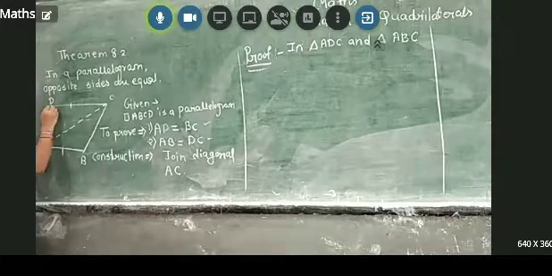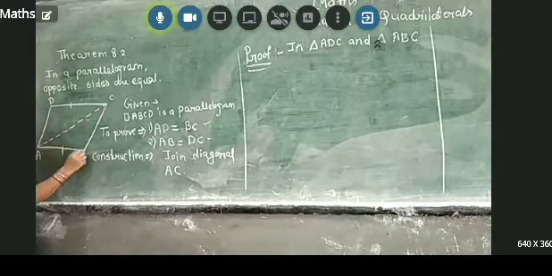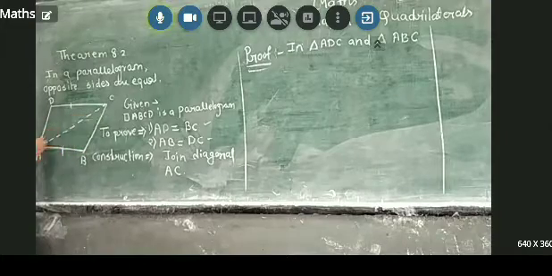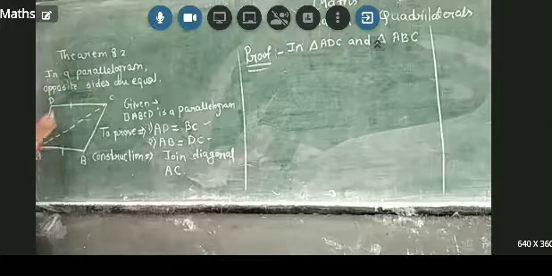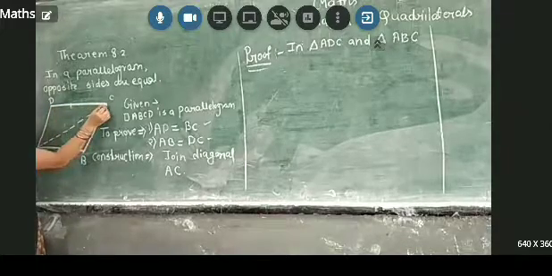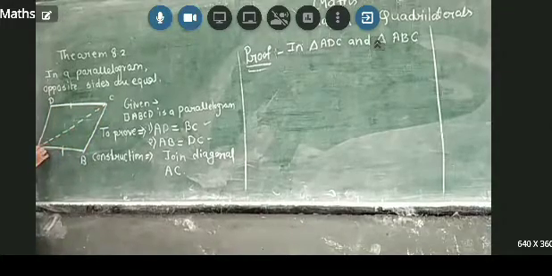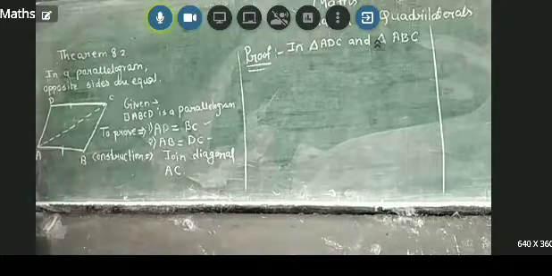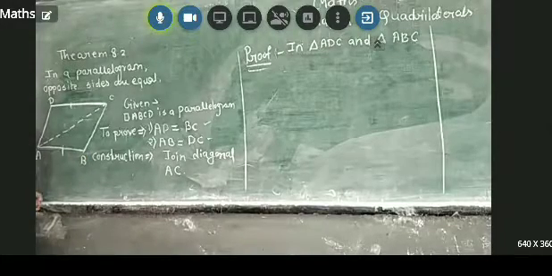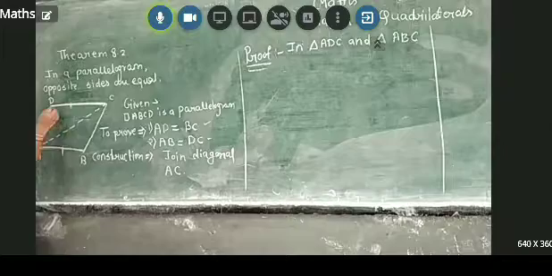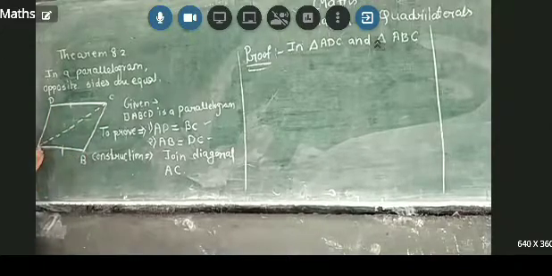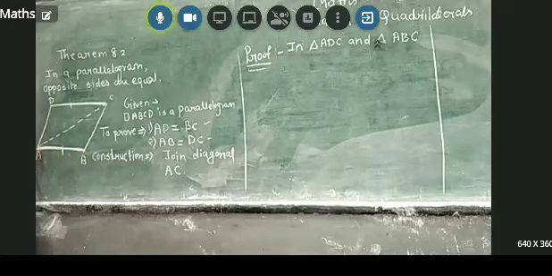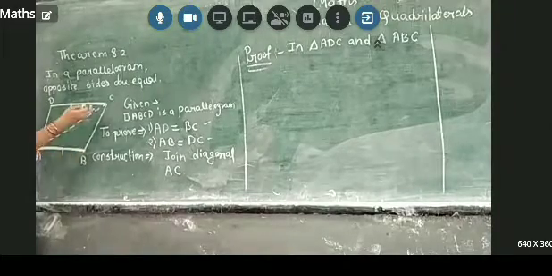So here we take DC parallel to AB and AC will be its transversal. See here DC, this is AC, this is AB. Which angle is forming over here? Alternate interior angle. The formation of Z is over here.